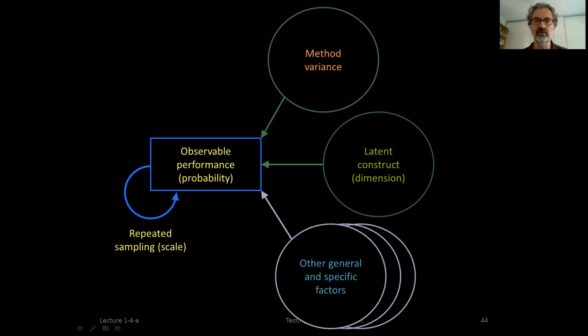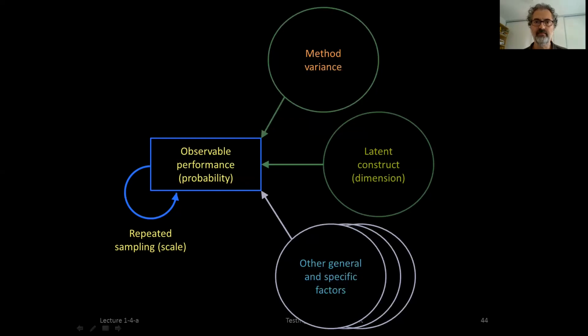But this isn't all. There's one more thing. General and specific factors and method variance are systematic sources of error, and they're called bias, and they affect test performance to distort the outcome in a biased way.